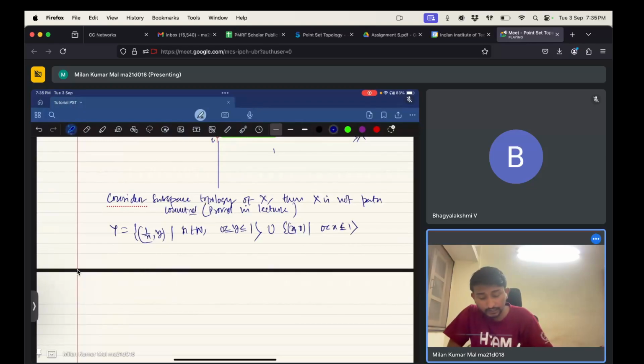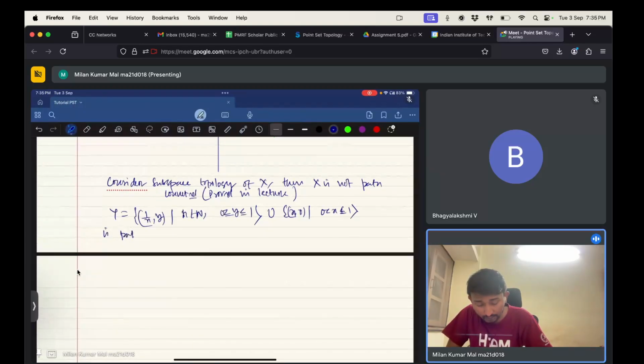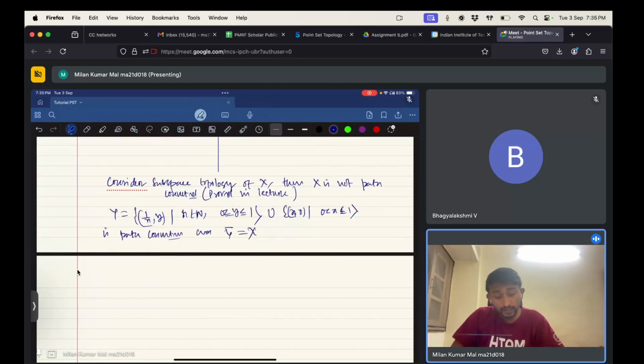So this set is path connected. Why is this set path connected? And Y closure is equal to X. What is Y? Y is this blue line.